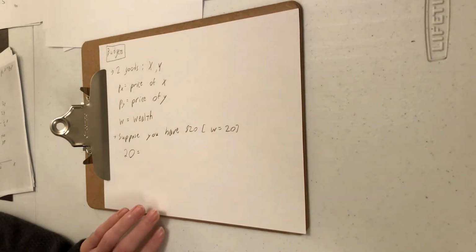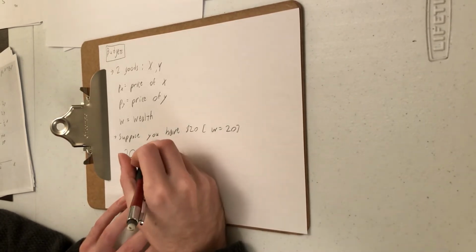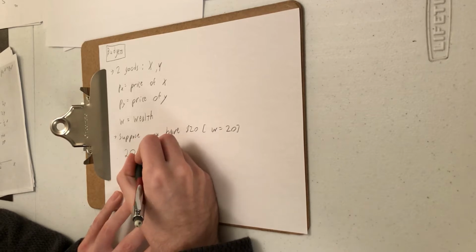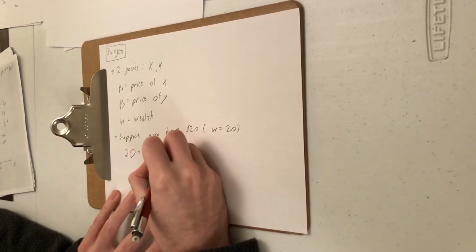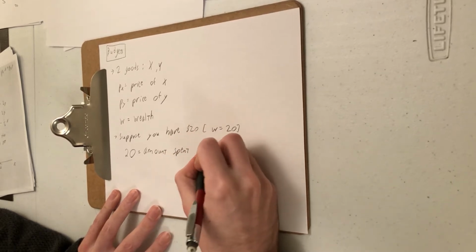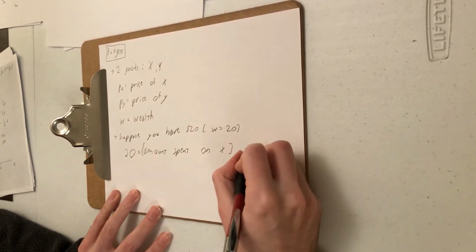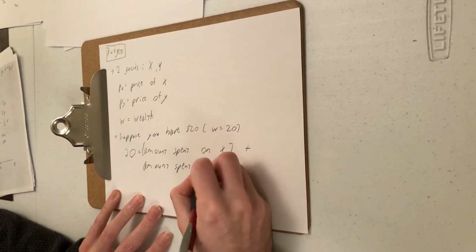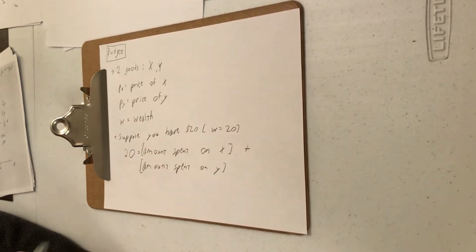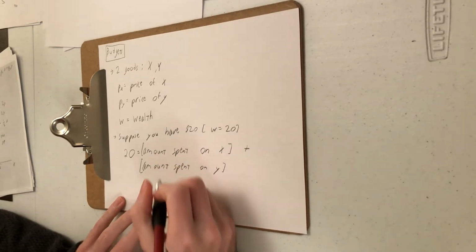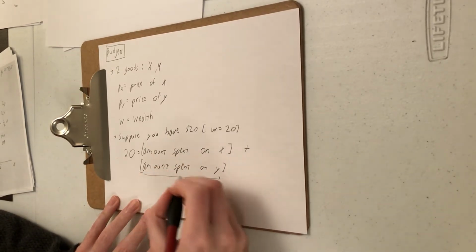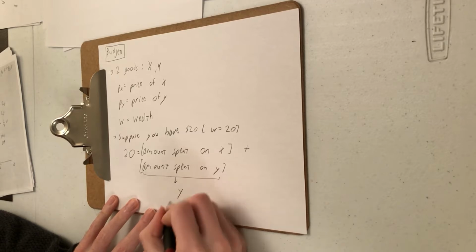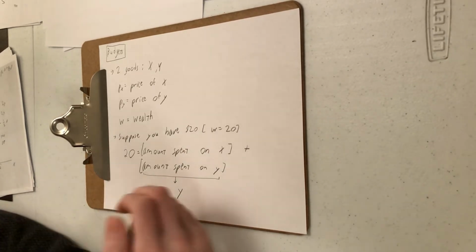So that's going to have to equal the amount you spend on X plus amount spent on Y. So the amount you spend on Y is going to be how many units of Y you buy multiplied by the price per unit.